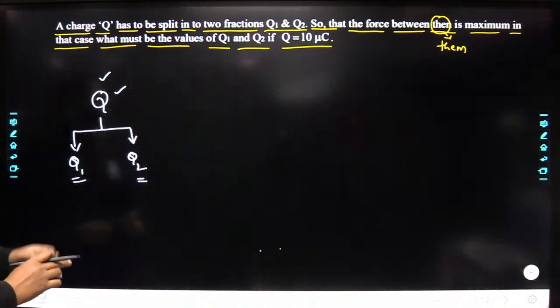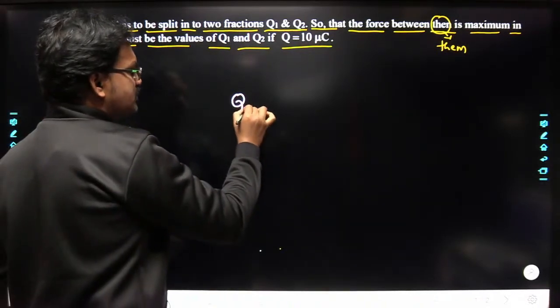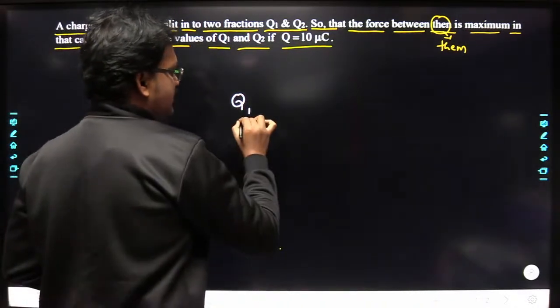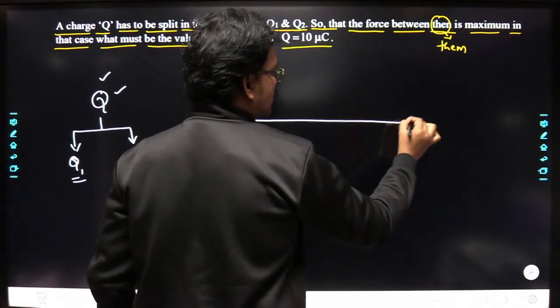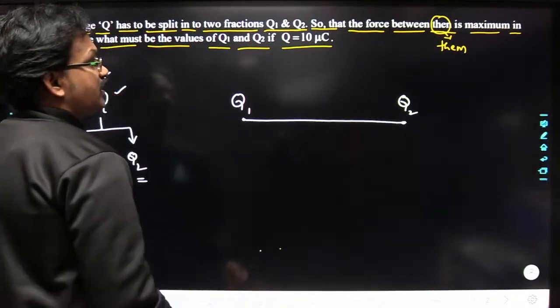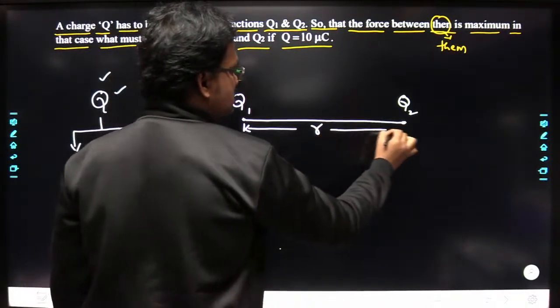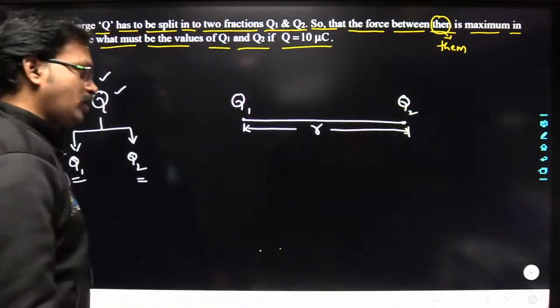microcoulombs. So here you have Q1 charge and here you have Q2 charge. Let us assume the distance between them is r.